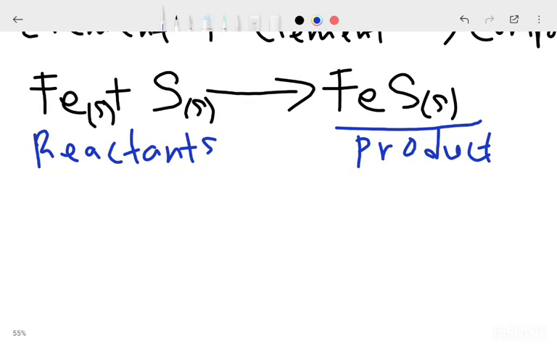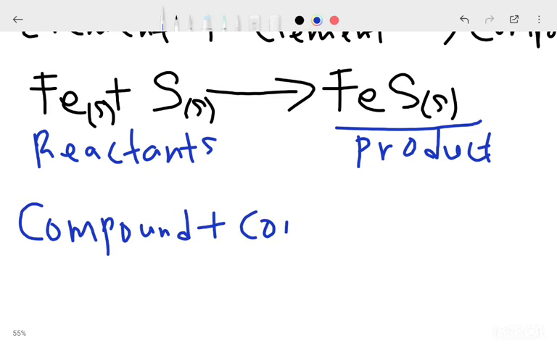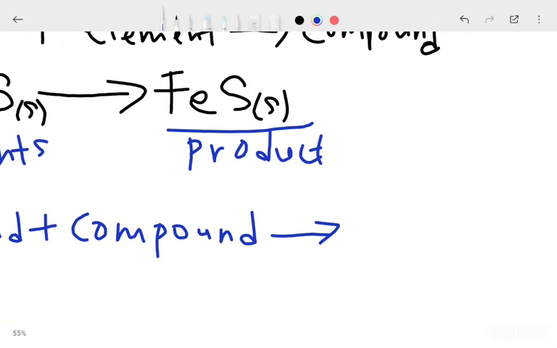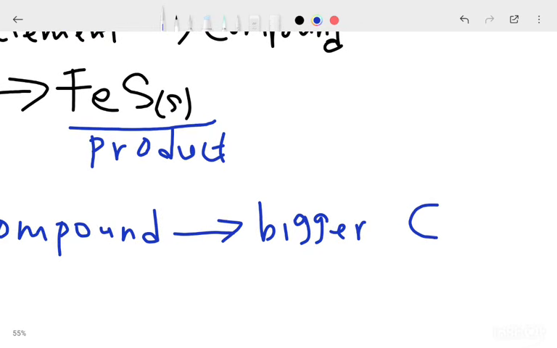So write it down. Compound plus compound will give us, in chemistry make sure you are using an arrow. Don't use an equal sign. So compound plus compound will give us a bigger compound.